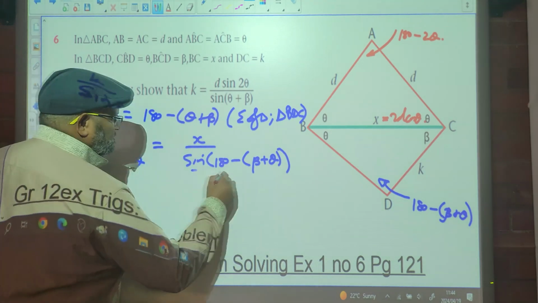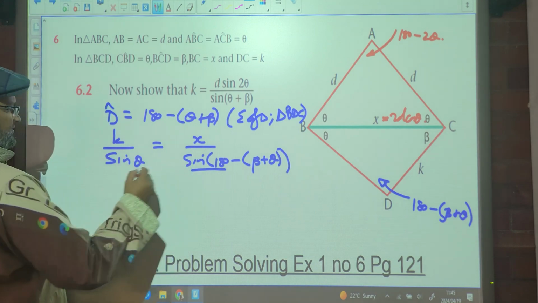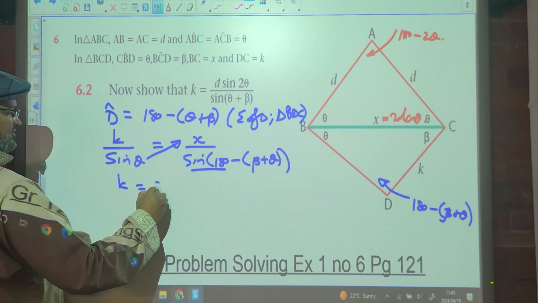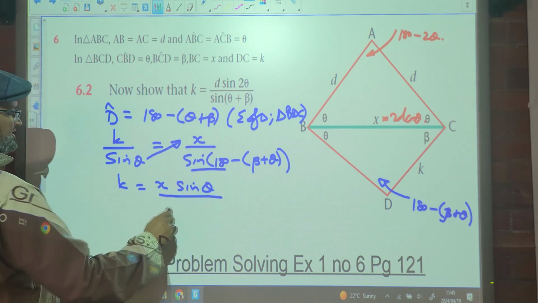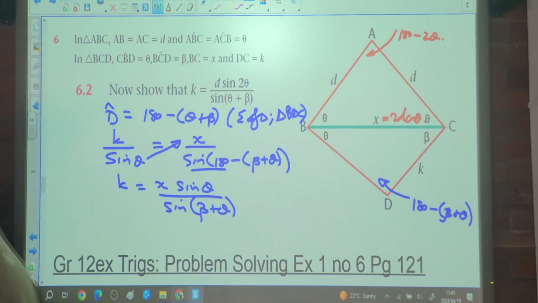What is 180 minus? Which quadrant is that in? Second quadrant. Sign positive or negative? Positive. So I'm going to make k the subject of the formula. So k is equal to x sine theta over sine beta plus theta.